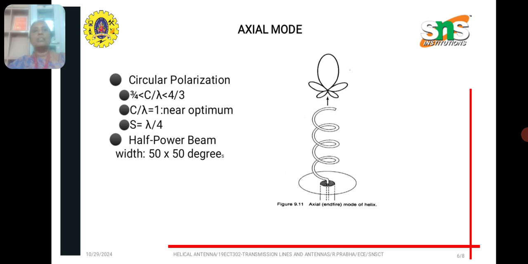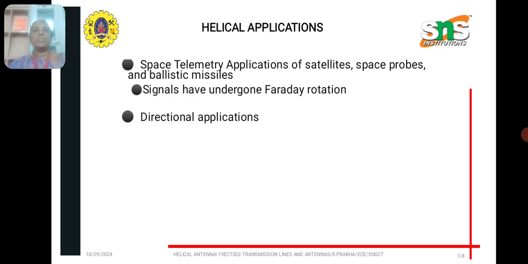So the ratio of circumference to wavelength lies between 3 by 4 and 4 by 3. C by lambda is approximately equal to 1 near optimum, and the spacing is equal to lambda by 4. Half power beamwidth is 50 degrees. So this is the helical antenna in axial mode of operation.